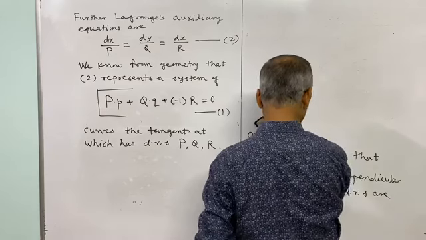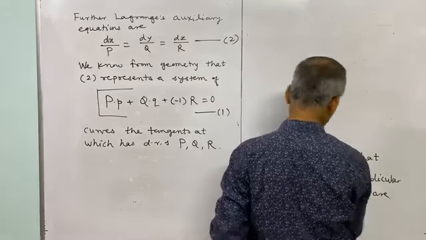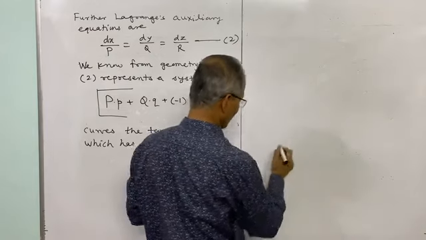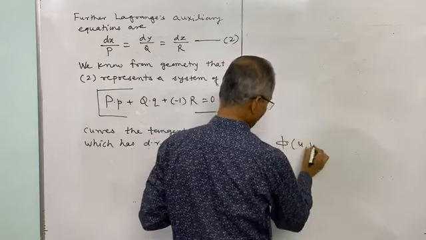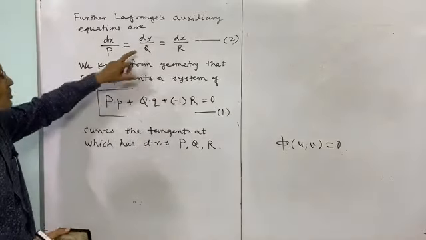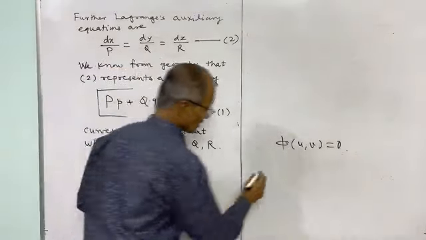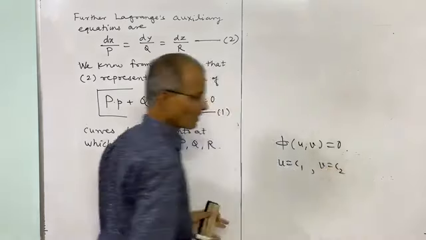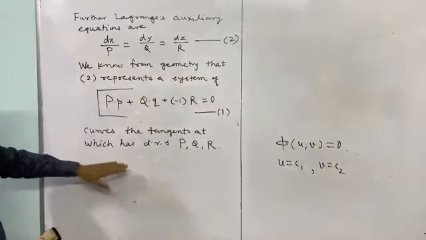The solution of equation 1 we have as phi of u and v is equal to 0, and equation 2 gives the curves u is equal to c1 and v is equal to c2. So this is the geometrical meaning.